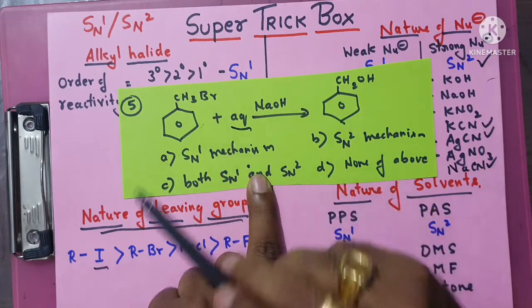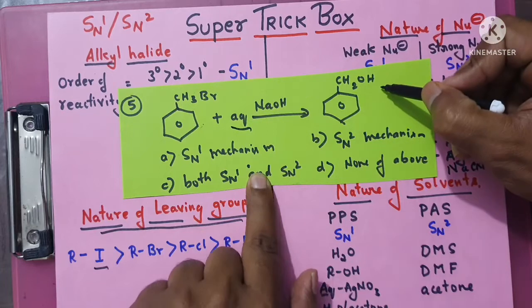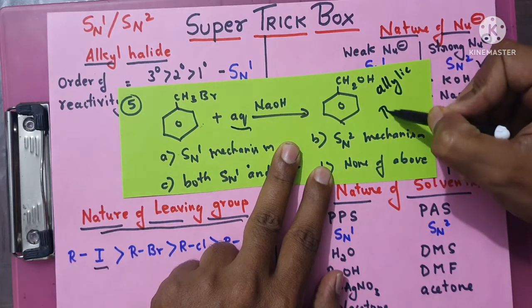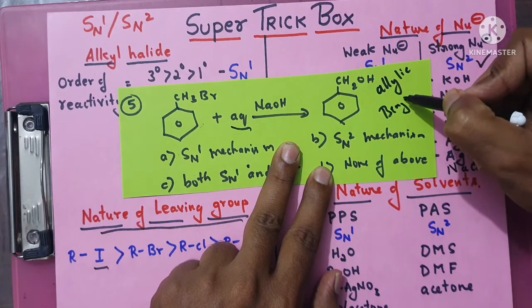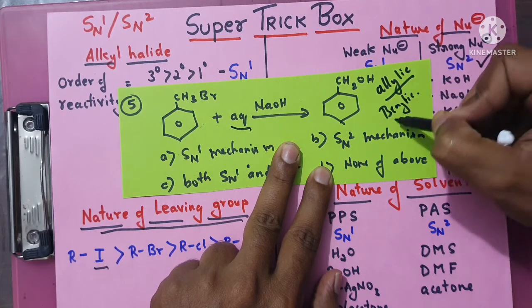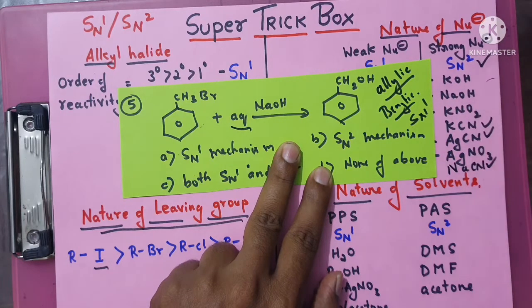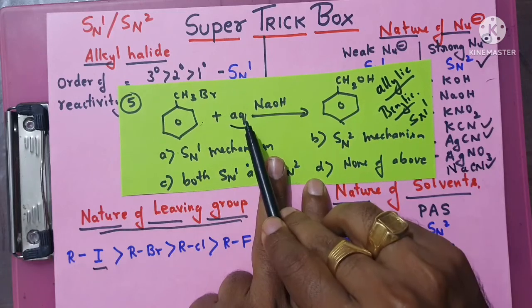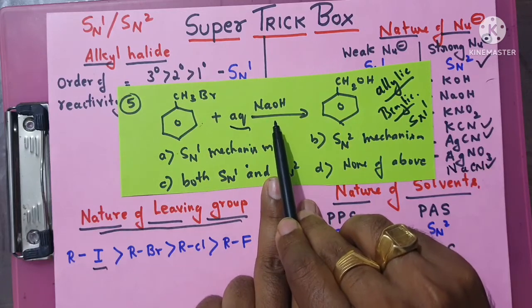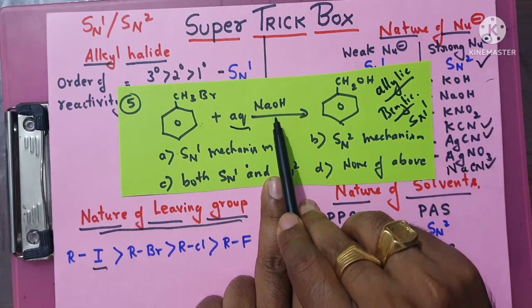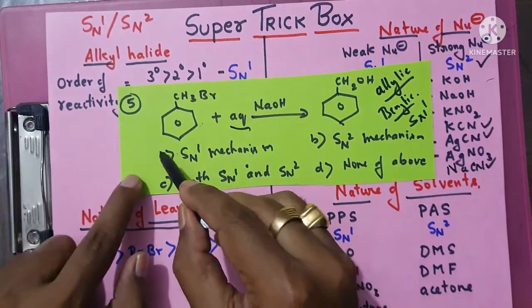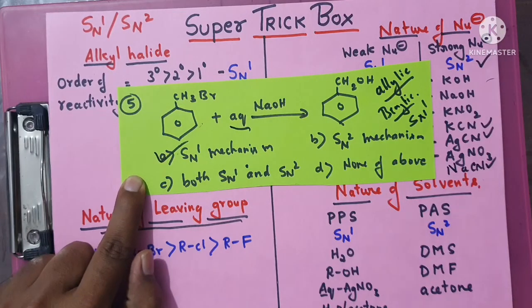And always remember, as I mentioned, all the allylic halides as well as benzylic halides always prefer SN1 mechanism, because it is a benzylic halide and it is aqueous NaOH. It will always undergo SN1 mechanism. I hope you have understood this question.